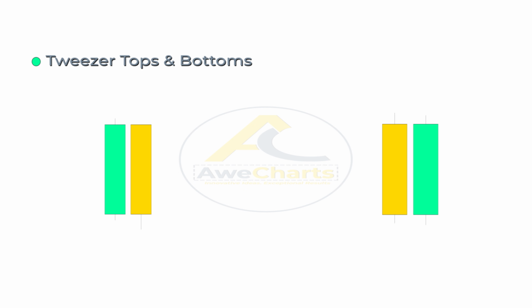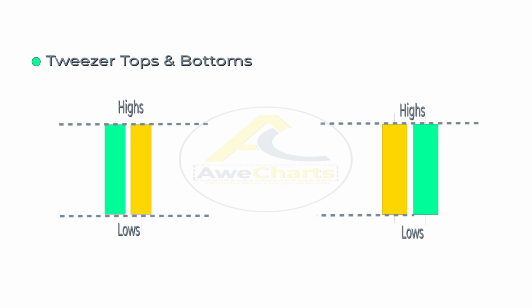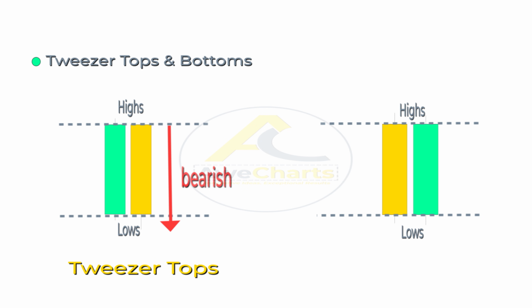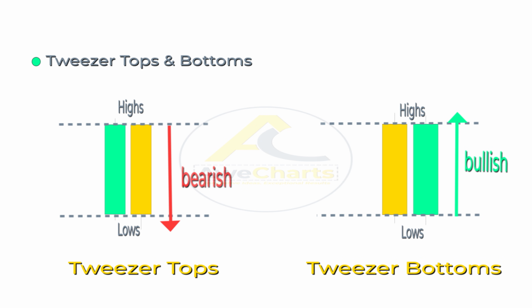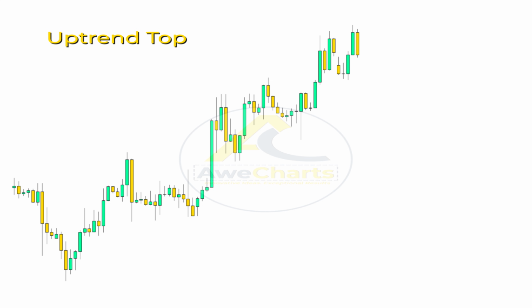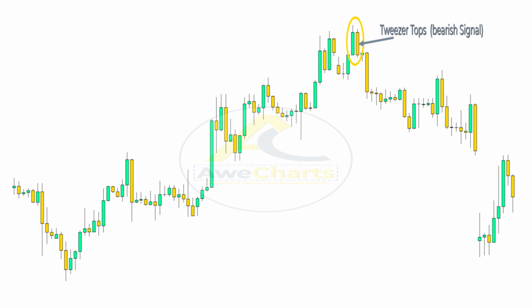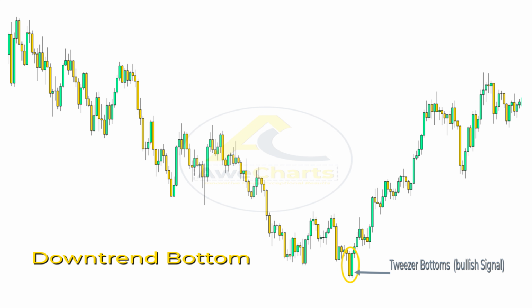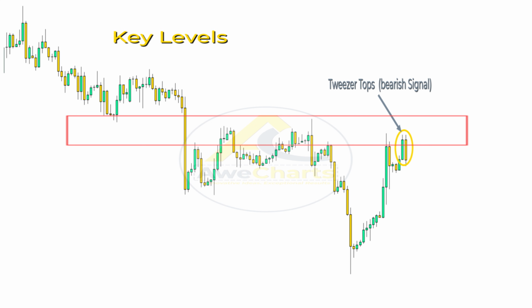This is two candles with similar highs and lows. Tweezer tops are a potential bearish reversal, while tweezer bottoms are a potential bullish reversal. Simple, but powerful when found at the top or bottom of a trend, at key levels of resistance or support.